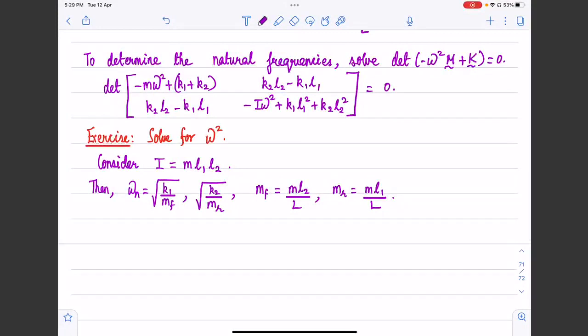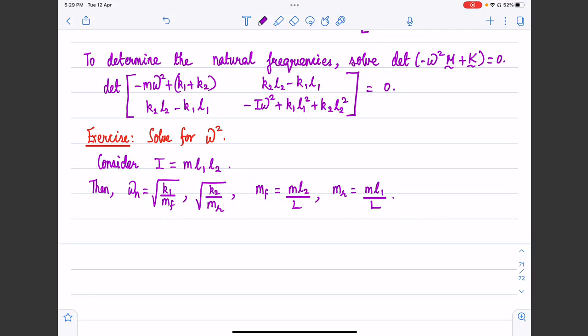Because we can immediately see that the first natural frequency associated with the pitch mode is going to be square root of k1 by mf, which deals with the front suspension stiffness and the mass supported in the front suspension, right? Similarly, the second natural frequency associated with the pitch motion is going to be square root of k2 by mr, which is once again the suspension stiffness of the rear suspension and the mass supported on the rear suspension. Okay, so we can see that there is a nice decoupling.